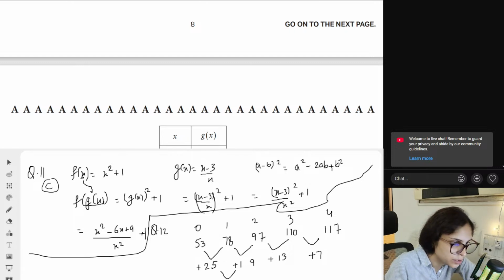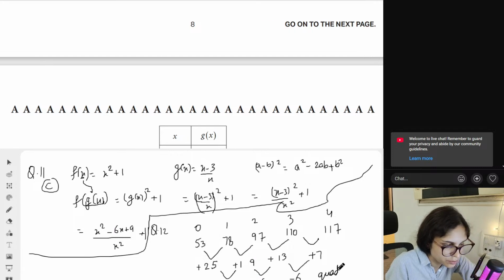So we'll find the second one. Now you're subtracting, not actually adding. 19 minus 25 is negative 6. 13 minus 19 is negative 6. 7 minus 13 is negative 6.